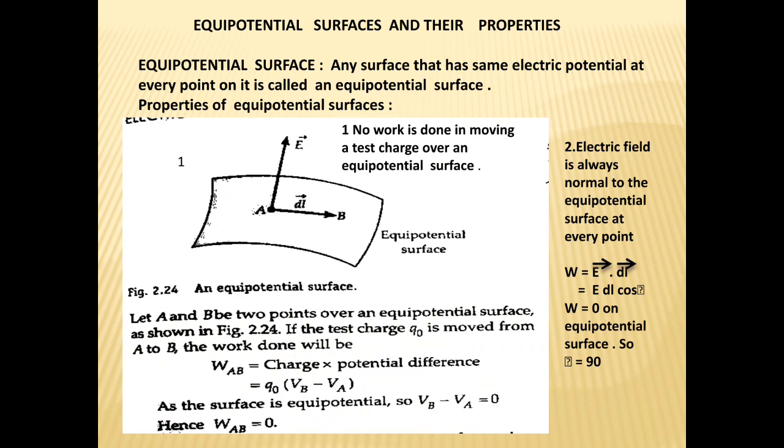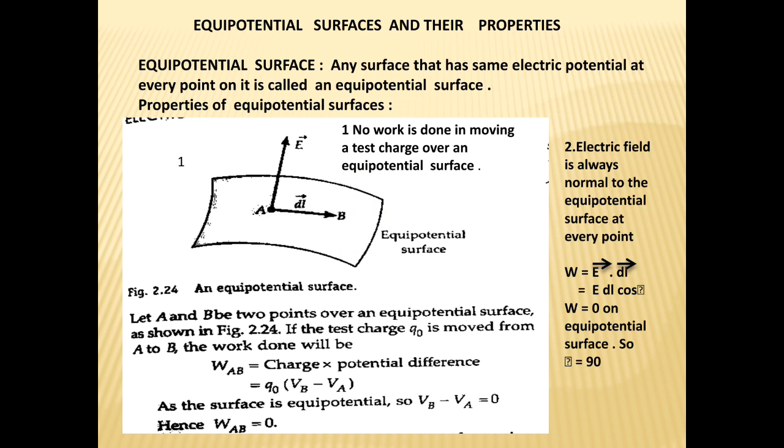In property number 1, you will see that no work is done in moving a test charge over an equipotential surface. Here you can see the equipotential surface, and we have considered two points A and B on it.